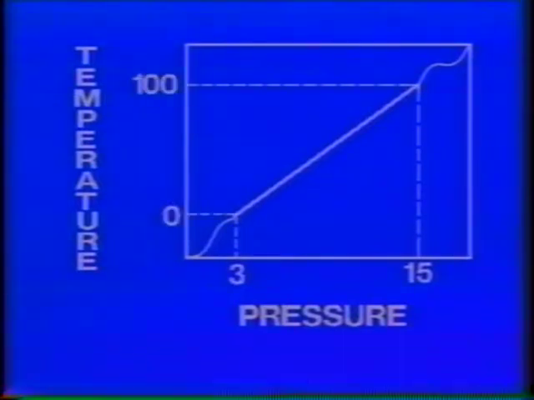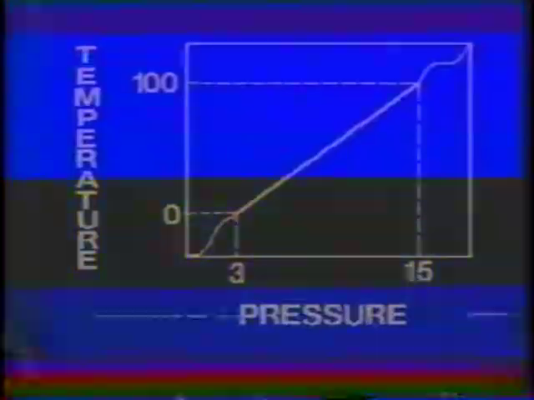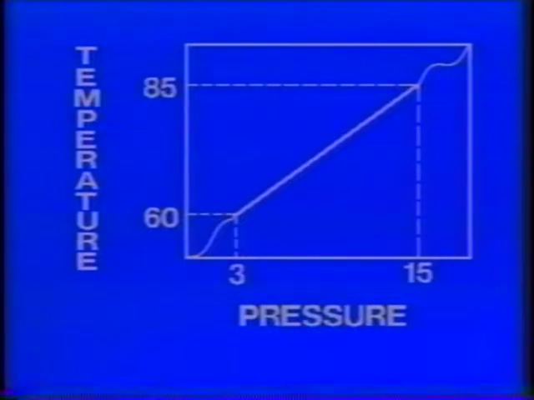So, a 0 to 100 degree transmitter would send out 3 psi at 0 degrees and 15 psi at 100 degrees. Every different transmitter range has a different temperature to pressure equivalent. So we need to know the range of the transmitter in order to make predictions on what the pressure should be at any measured temperature.